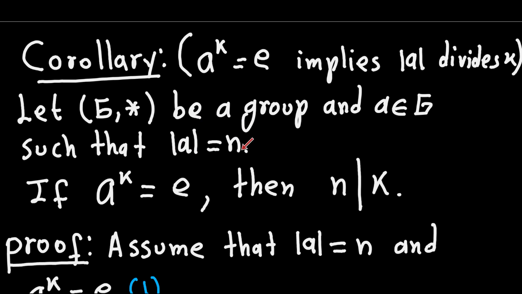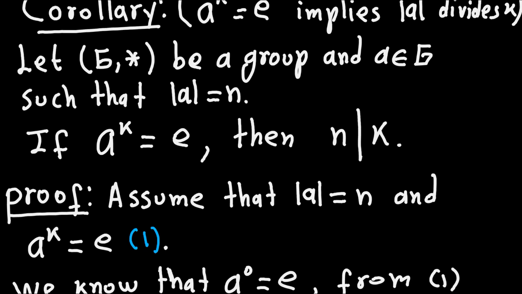What else could give me the identity? What this corollary is saying is this: if you have any power of A that gives you the identity, this exponent has to be divisible by n. There's no other way that you can get the identity with A unless that exponent is divisible by n.